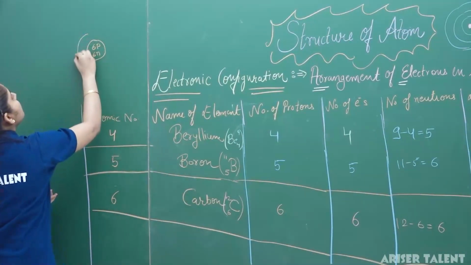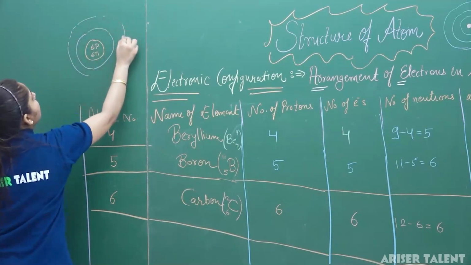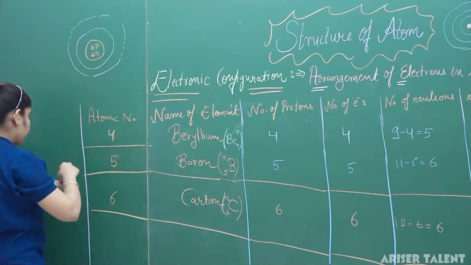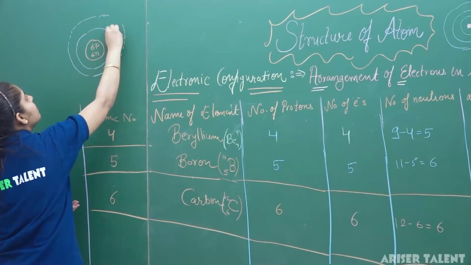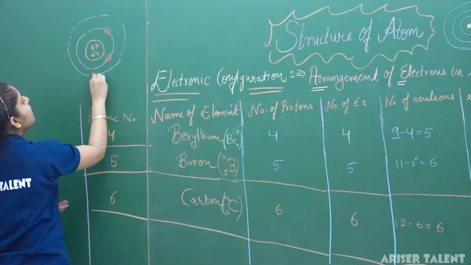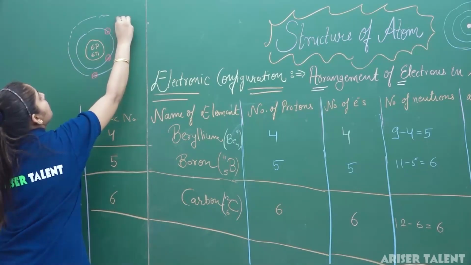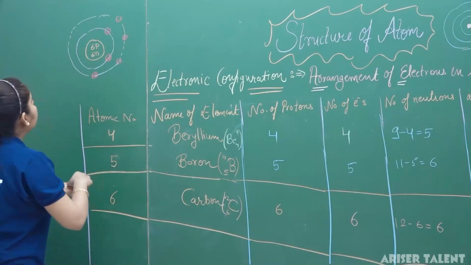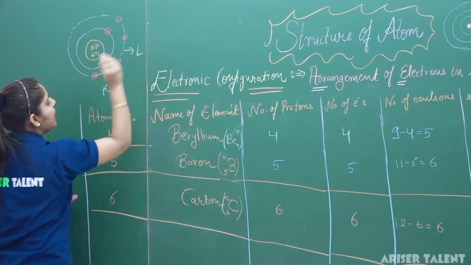So we have 2 electrons in the K shell and we can fit 4 electrons in the L shell. So here it is our K shell and it is our L shell.